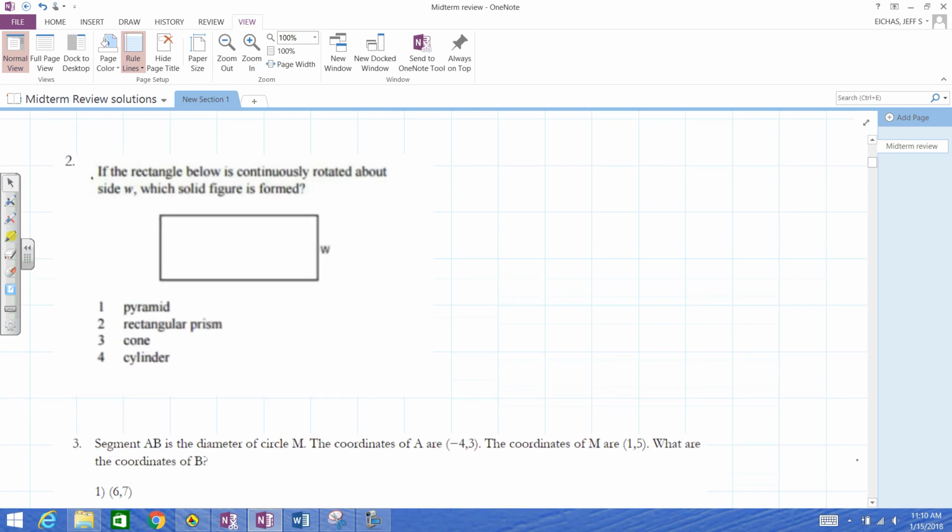This is a volume question, so from the first chapter that we did this year. Okay, side W. So basically what we think of is, okay, we put, say, a stick right there, right? And we take this figure and we think about rotating it continuously, okay? Think about what'll happen there.